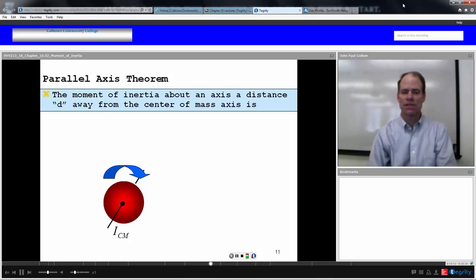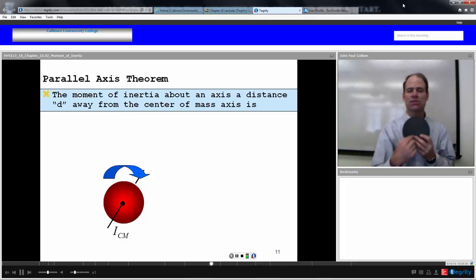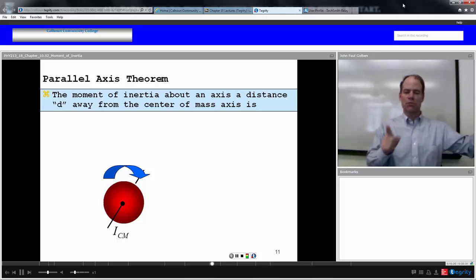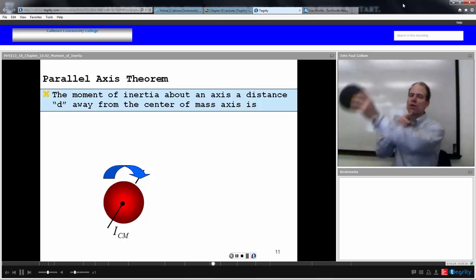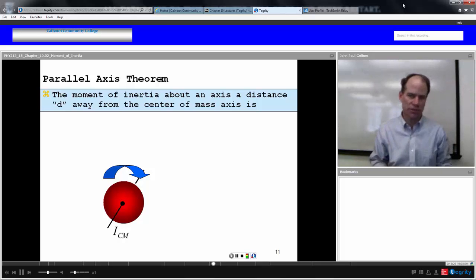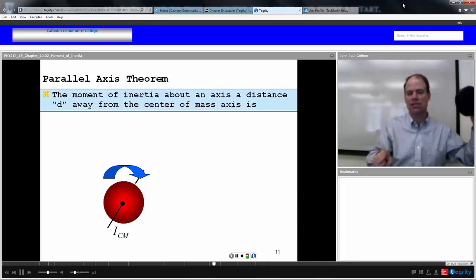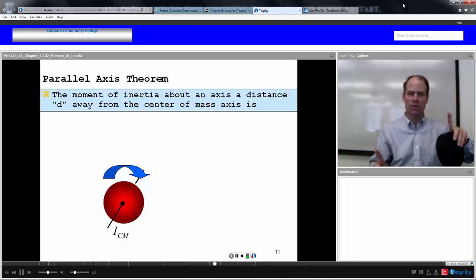What happens if you have an object which has a moment of inertia about some central point, but then you move it away and you move the axis over here, so now this object is moving around some point like this? What's the moment of inertia of that object about some parallel axis, some distance d away from its original point?